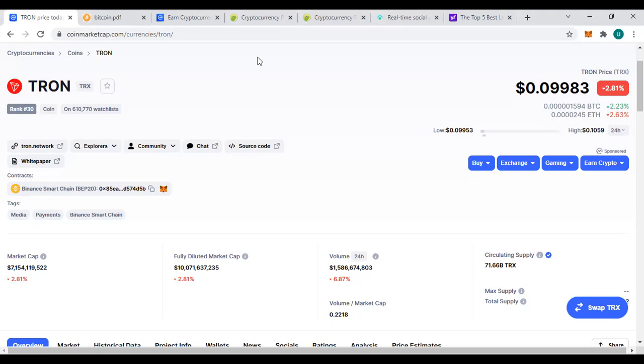The X we're looking for is the market capitalization. We multiply the price, which we said is 10, times the circulating supply, which is 71.66 billion. So 10 times 71.66 billion gives us $716.6 billion. Yes.